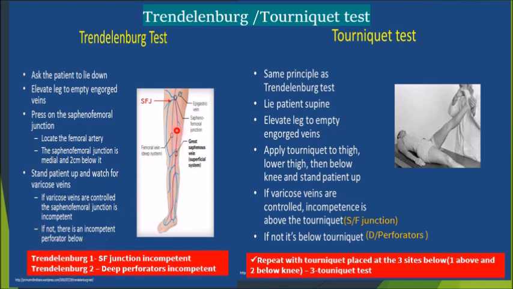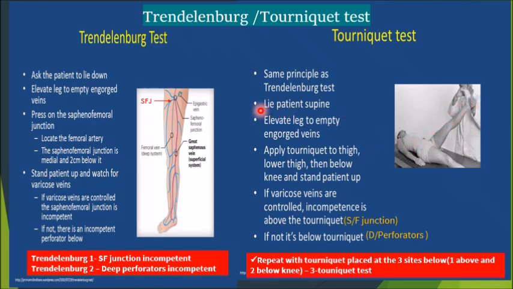Okay, if it fills up from below, that means one of the perforators below is incompetent. So the Trendelenburg 1 sign is to check for SF junction incompetence, whereas the Trendelenburg 2 sign is an indicator of deep perforator incompetence. Okay, now coming to the tourniquet test, same principle. The patient is made to lie down, the leg is elevated, and the veins are emptied of blood.